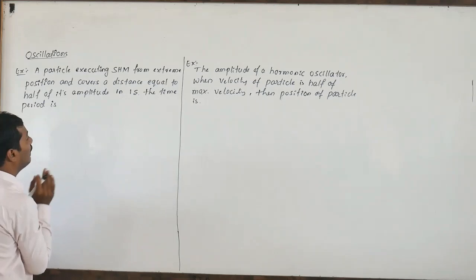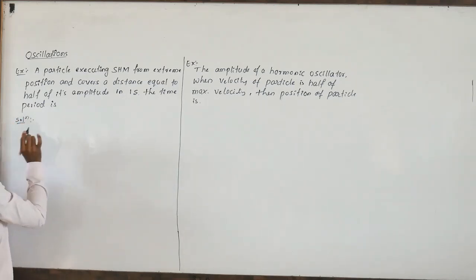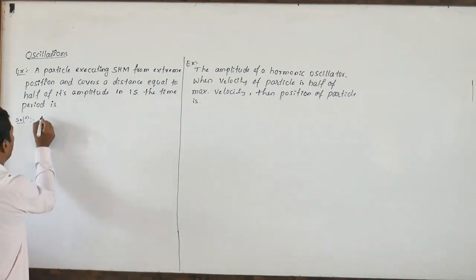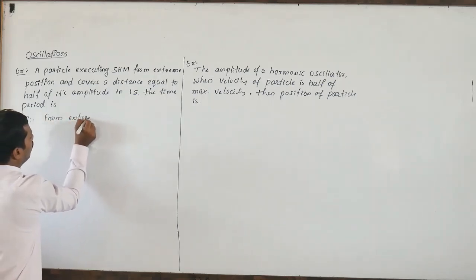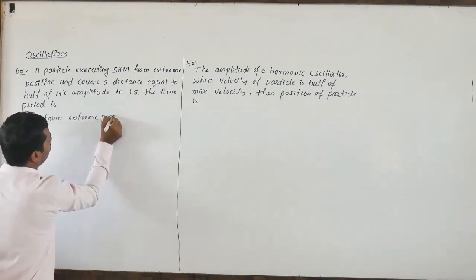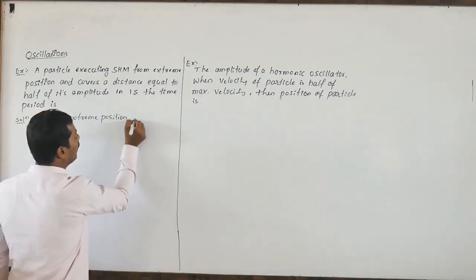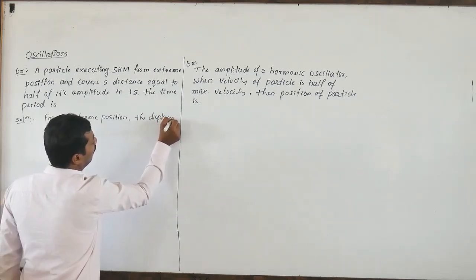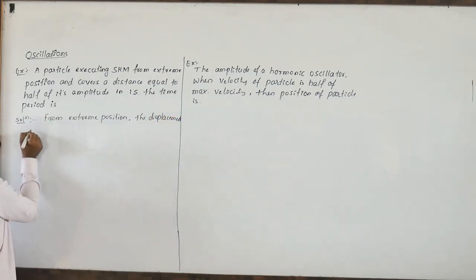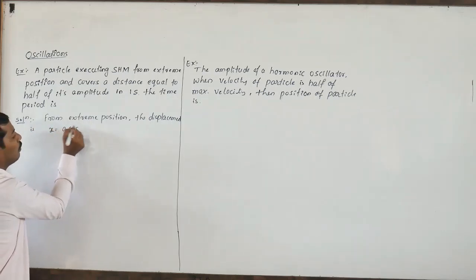We have the equation for this solution. The particle starts from its extreme position, so the displacement is x equals a into cos of omega t.